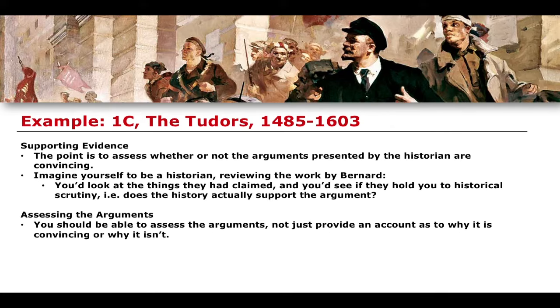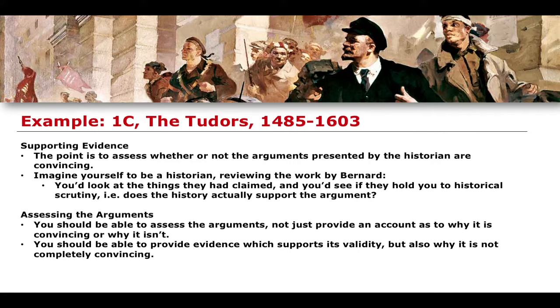So you should be able to assess the arguments, not just provide an account of why it is or isn't convincing. What that means is that you open the door to saying all kinds of different things, okay? You should be able to provide evidence which maybe supports its validity, but explain why it is not completely convincing.